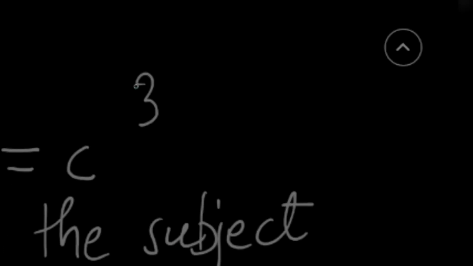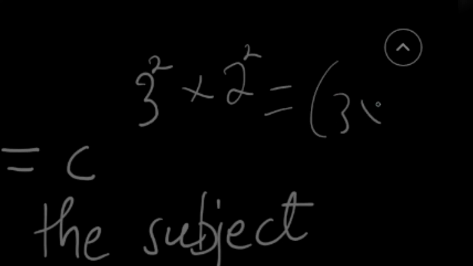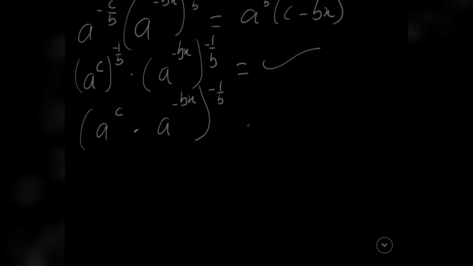Like if you have something like this, let's say 3 power 2 times, let's say 2 power 2. So that's the same thing we've applied over here. It's equal to the same thing.